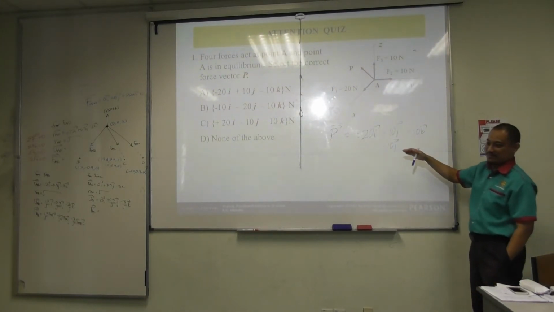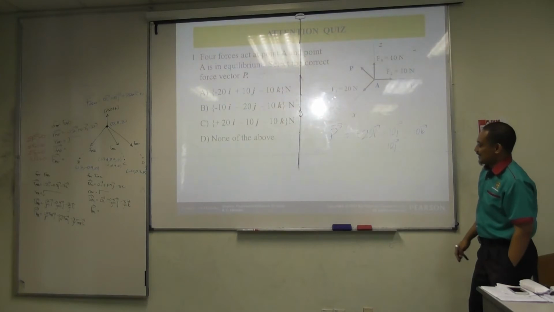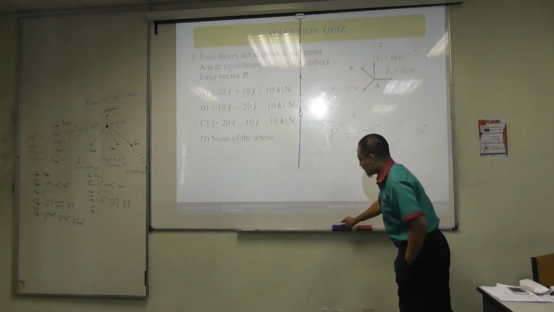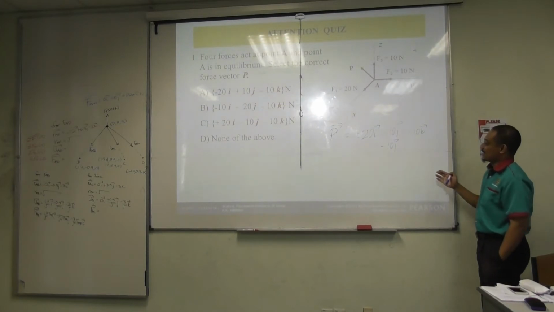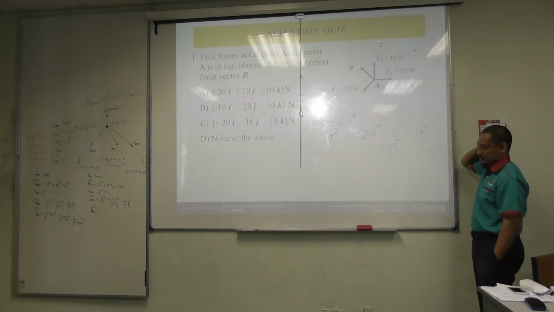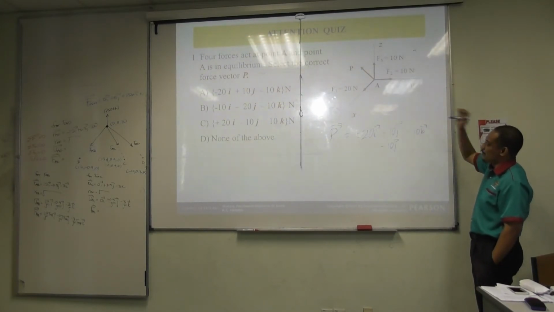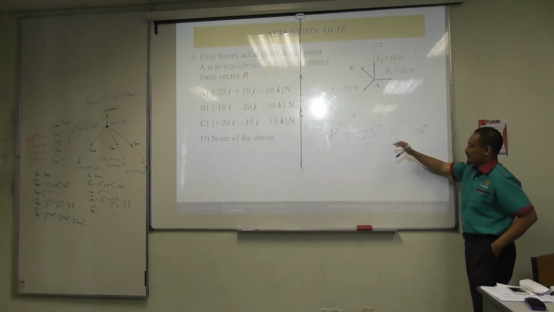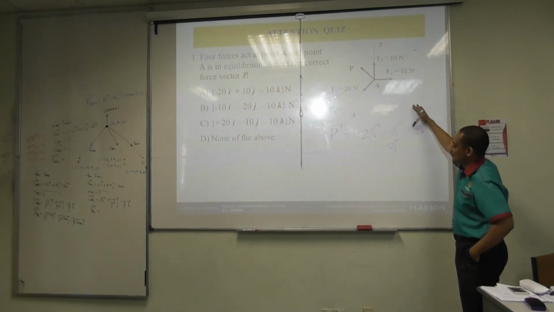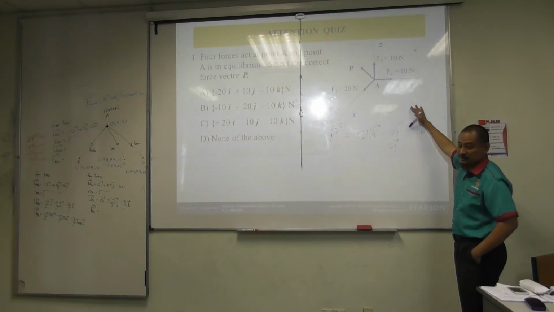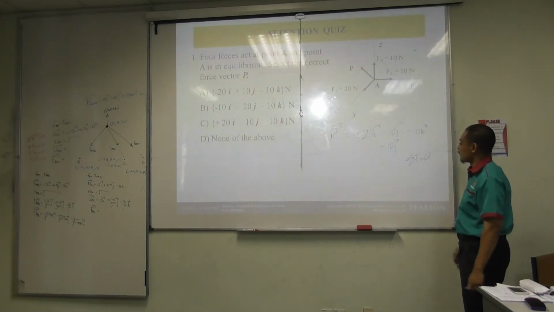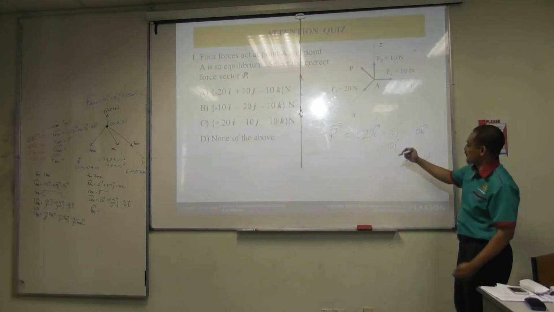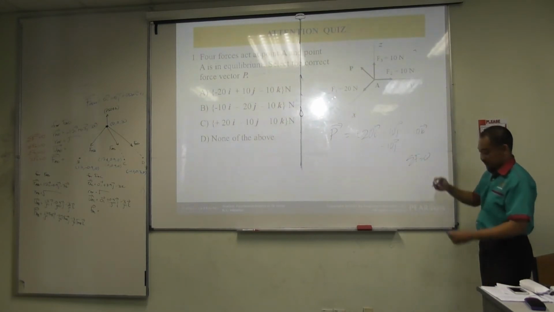Again, it is based on the assumption of how you interpret the drawing, right? But what's the concept that we have learned just now? Summation of F equal to 0, right? So if you understand this, what should be the answer then?